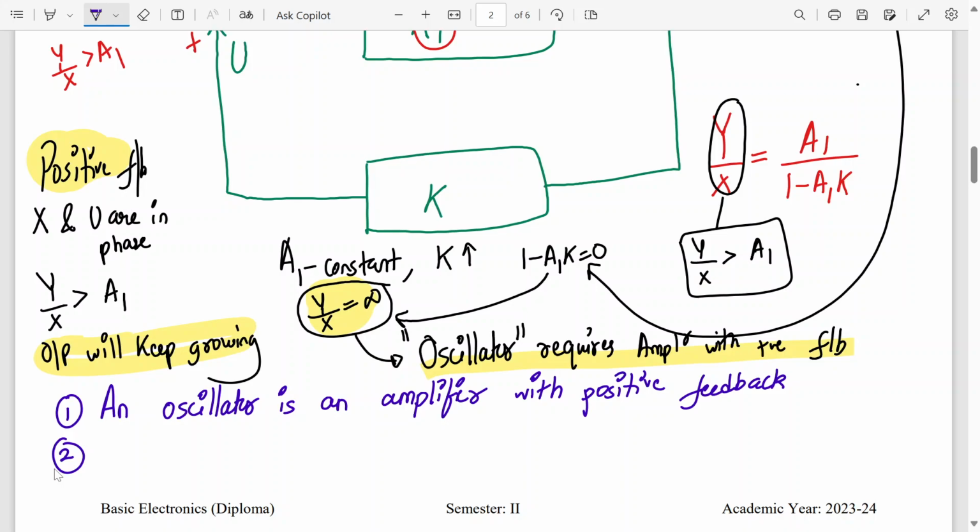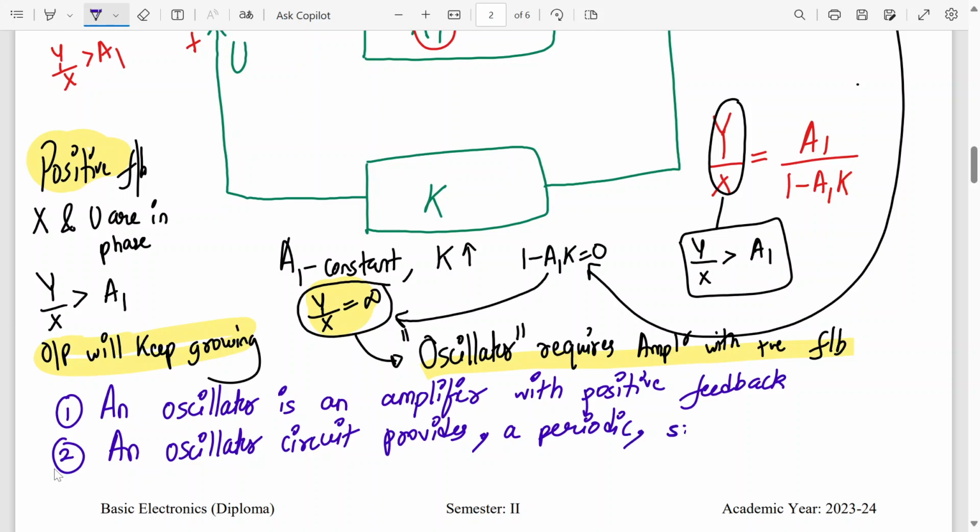What is an oscillator? You can write over here, an oscillator circuit provides a periodic sinusoidal wave. Please write along with me. You know now what a sinusoidal wave is?